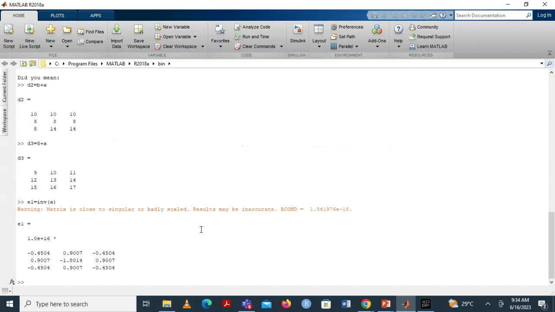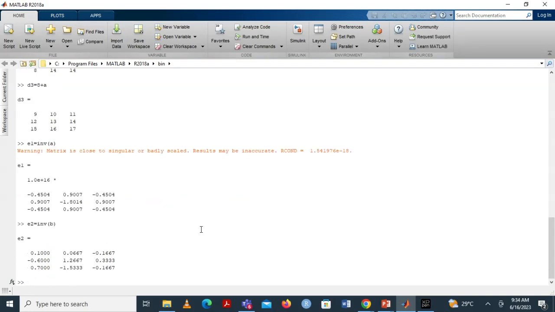So we have the inverse of the matrix. We have E2 is equal to INV(B). So we have the inverse of the matrix.